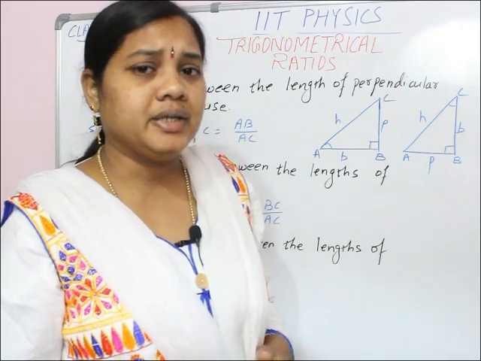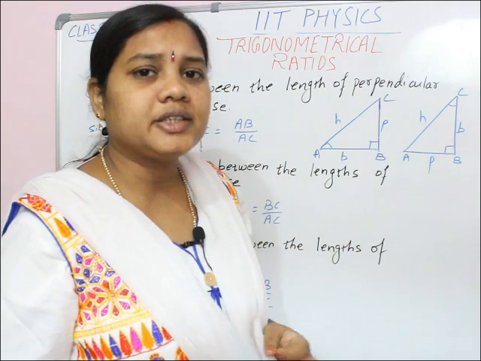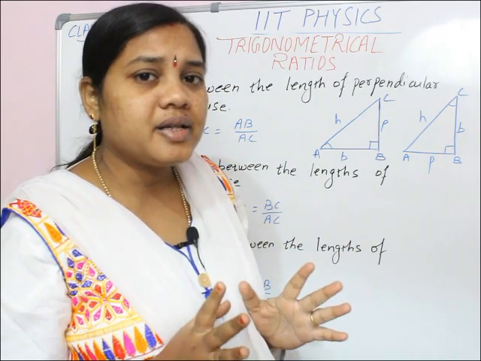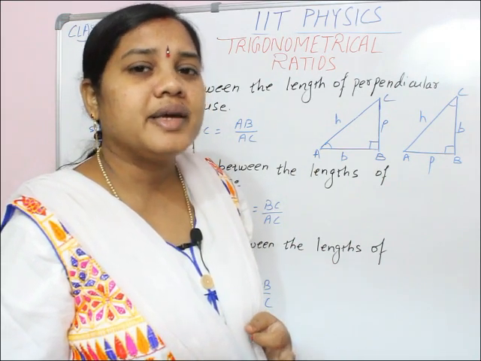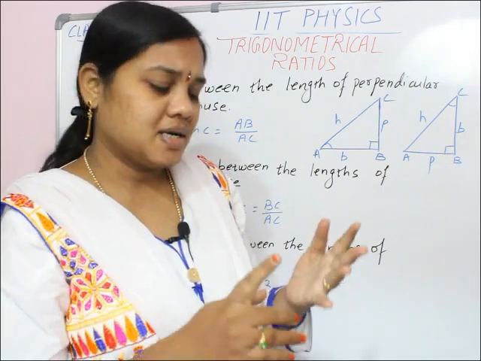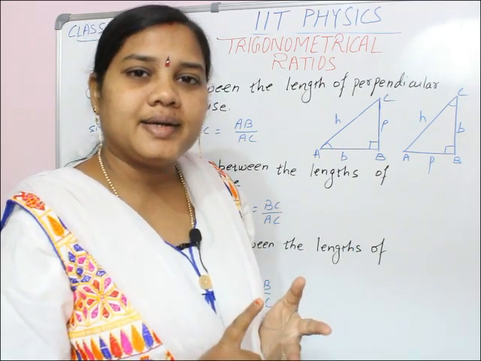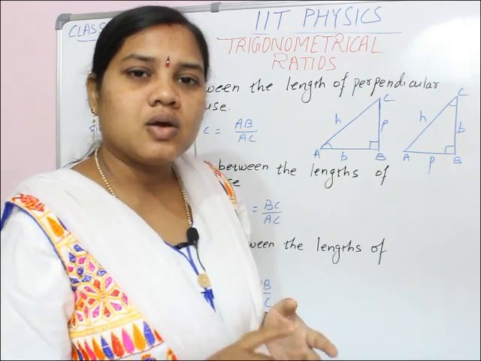Then I explained three sides are there, but how many trigonometrical ratios does it make? Six trigonometrical ratios. Three sides of a right angle triangle give 6 trigonometrical ratios: sine, cosine, tangent, then secant, cosecant, cotangent.